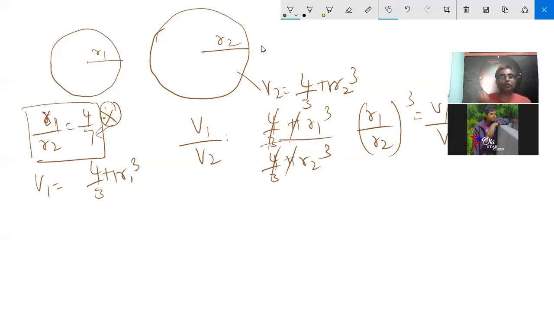Why are you thinking the cube is some nonsense? Just answer my question. You are not following the steps at all. I don't think you are learning anything. Working out the problems, assuming that you are learning. If you are not understanding, then what is the point of that? Now substitute the value of R1 by R2 here. 4 by 7 whole cube is equal to V1 by V2.